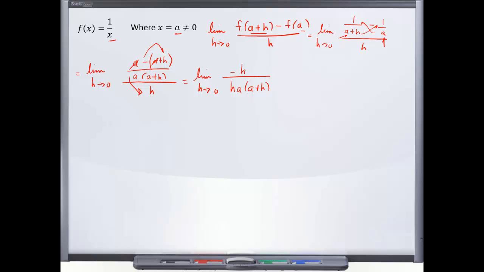Alright, looks like we're home free because my h's are going to cancel, and that's what we like, because I would no longer be dividing by 0 if I plug in 0 for h, which let's do. So that's negative 1 over a times a plus 0, which is going to give me negative 1 over a squared.